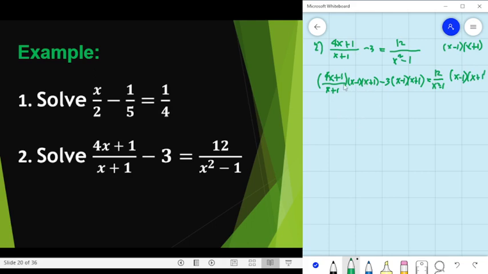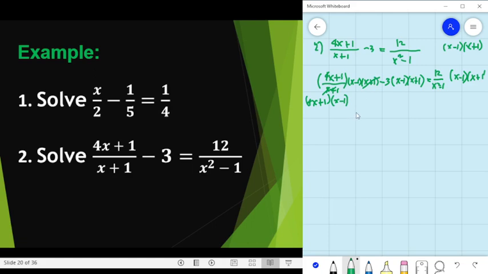So in this case, we can cancel the x plus 1. What remains is we have to multiply x plus 1 by x minus 1. Then something cancels out here.